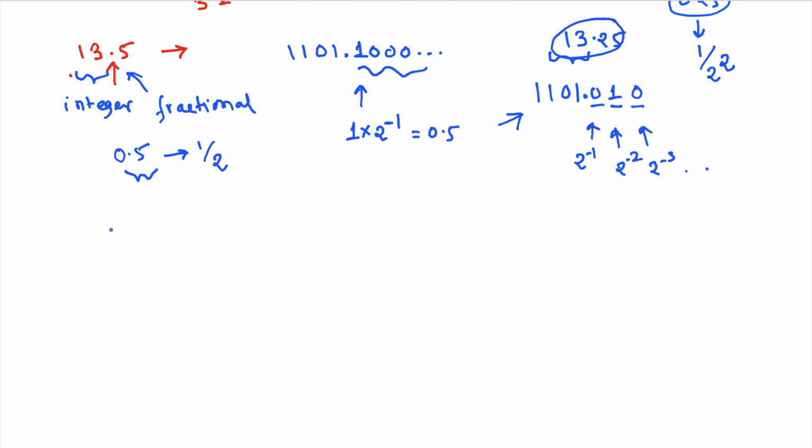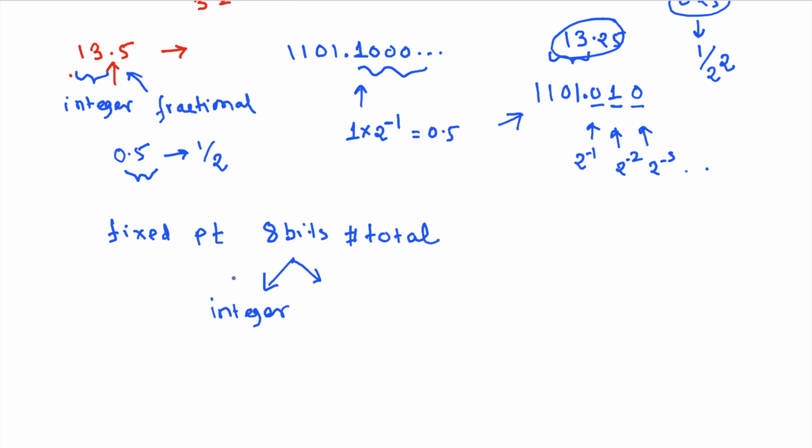In the fixed point format, we have a total number of bits, let's say 8 bits. Out of this total, we divide the bits into two parts. One is integer and the other is fractional: m number of bits for integer and n number of bits for fractional.